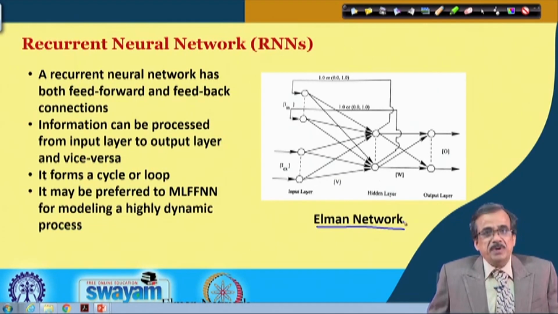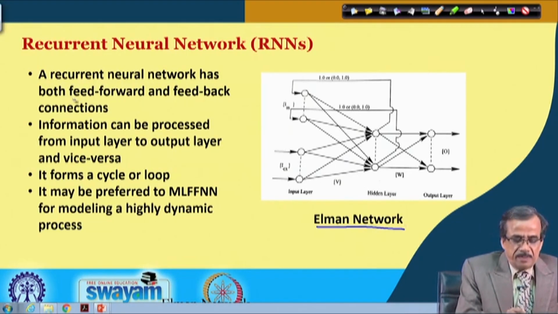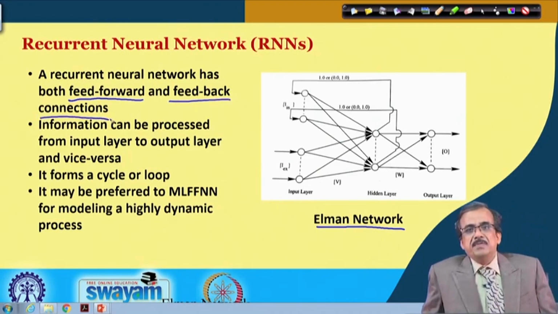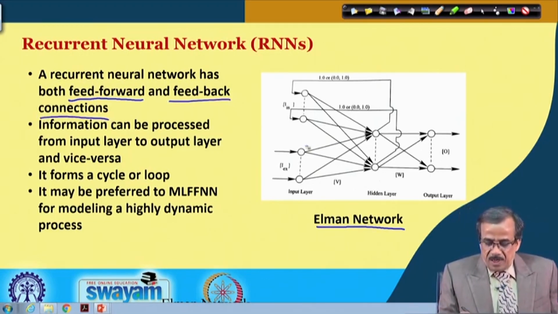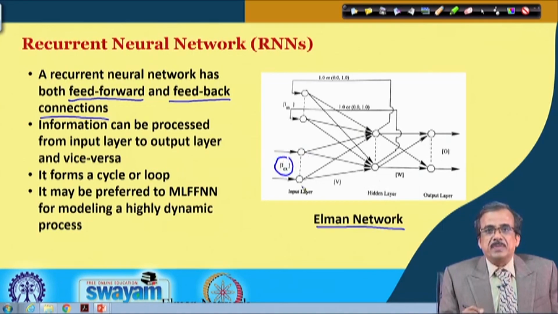Now, in this type of network, we have 2 circuits. One is the feed forward, and another is called the feedback circuit. If I concentrate on this input layer, the external inputs will be passed to the network through this input layer.